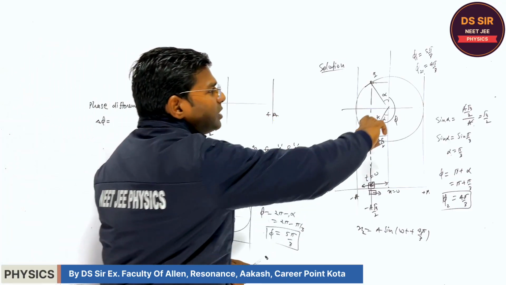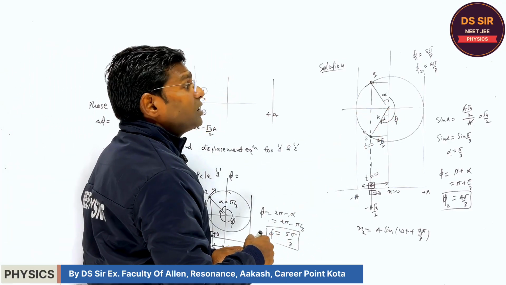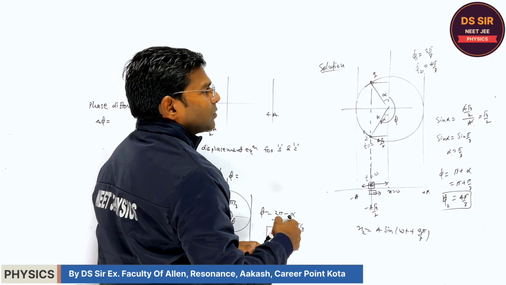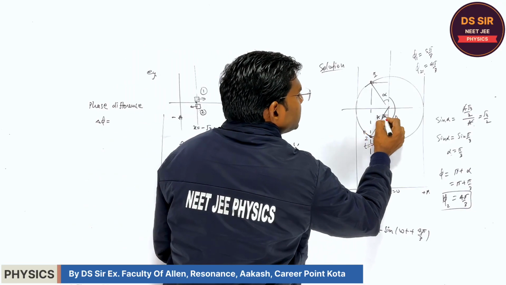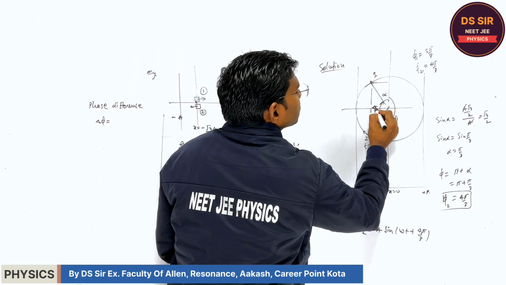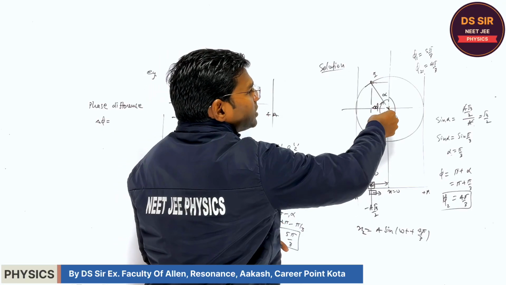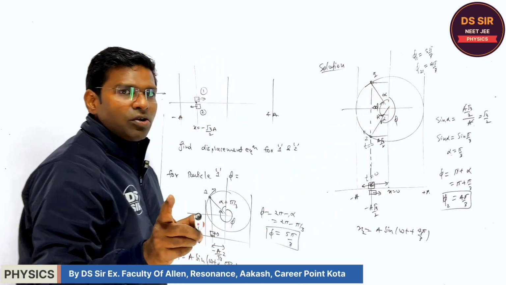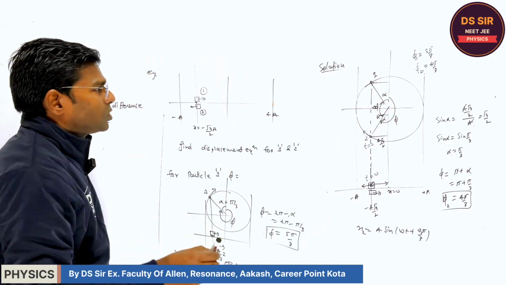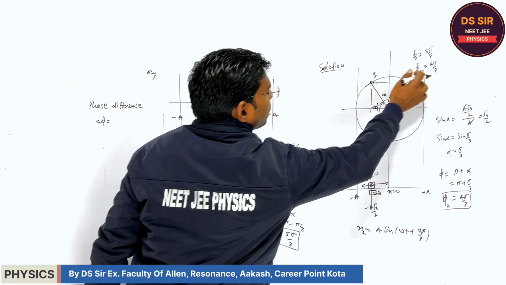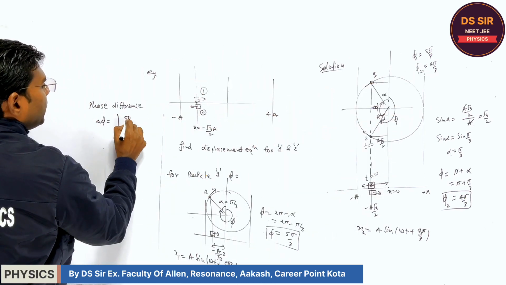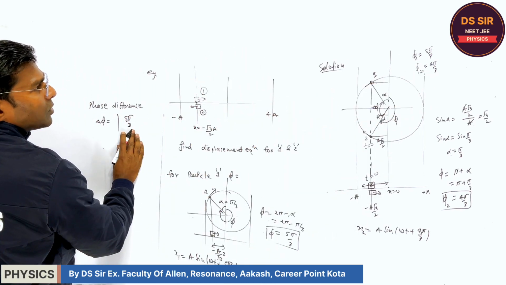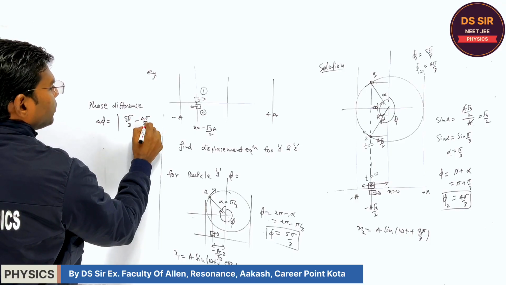And what is the difference of the phase? Listen, this is the difference in the phase. Only this is the difference in the phase. Is it clear or not? So you may find the difference from here, 5 pi by 3 minus 4 pi by 3.